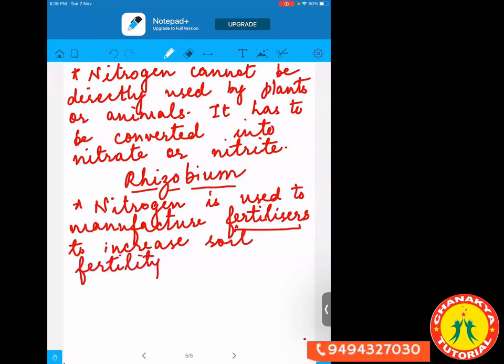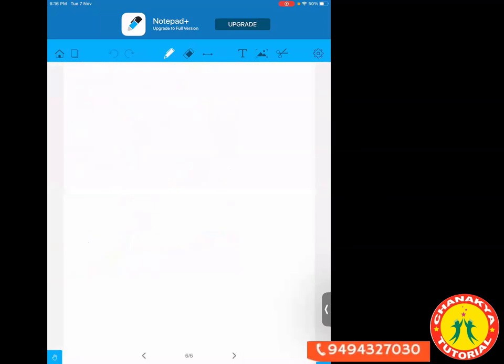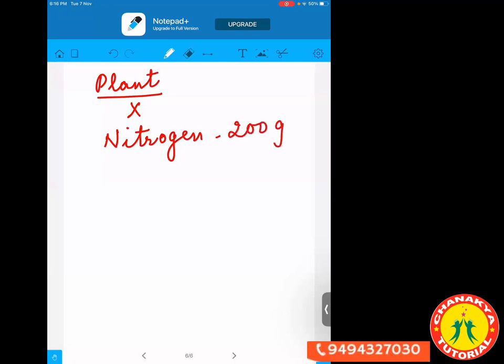Now, what are fertilizers and what do they mean? I'll explain by giving an example. For example, we have any one plant, and the plant name is X. Now, what does this plant need? It needs nitrogen, maybe 200 gram of nitrogen, but maybe in the soil this 200 gram is not available.